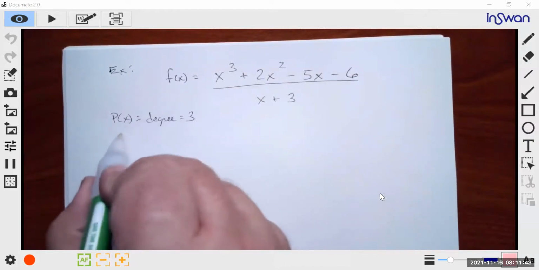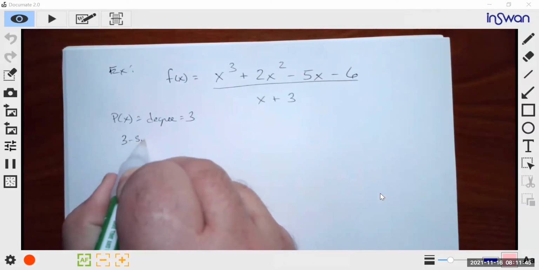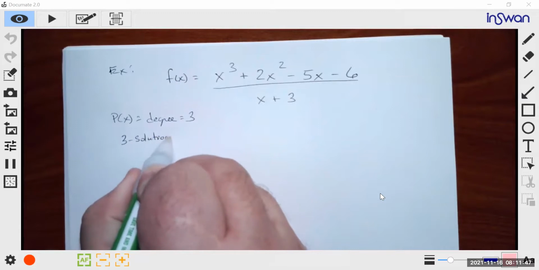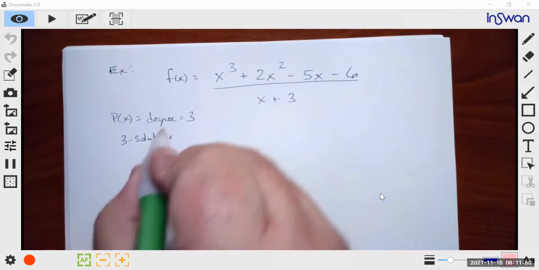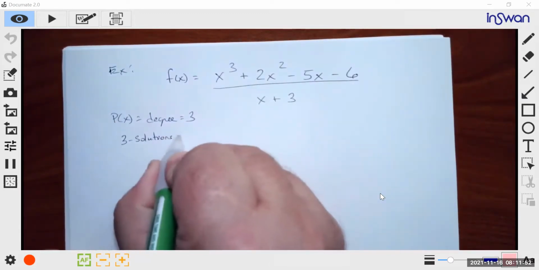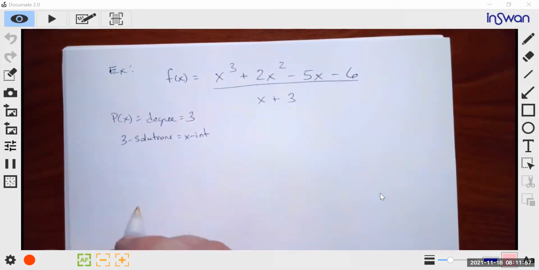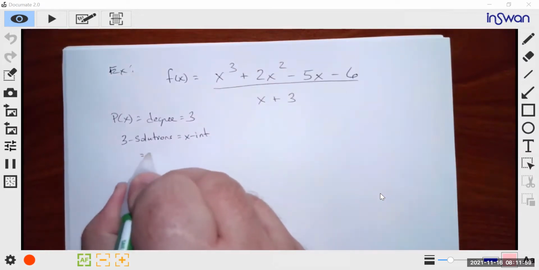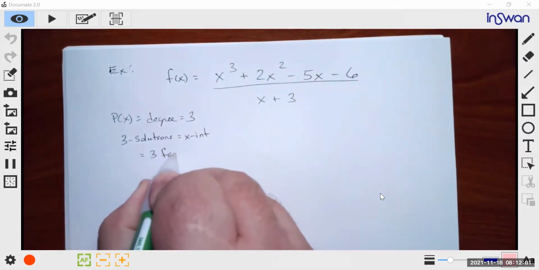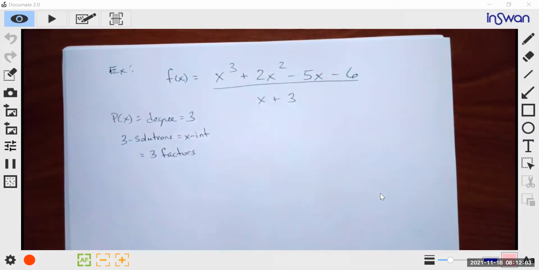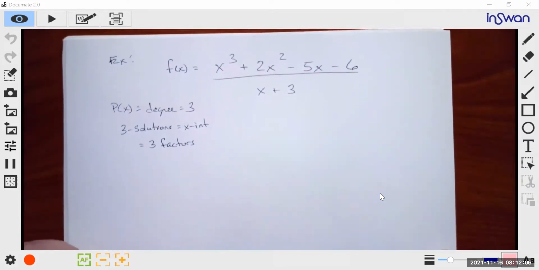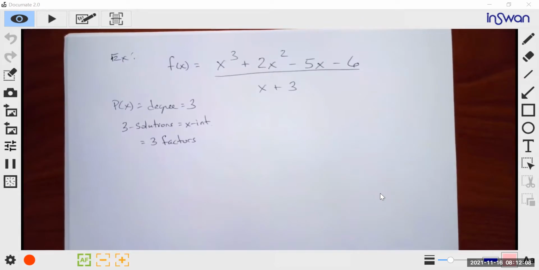Degree 3 means we're going to have 3 solutions. That means we're going to have 3 x-intercepts. And that means we're going to have 3 factors. Remember, solutions, intercepts, factors, those are all the same thing, just written differently.